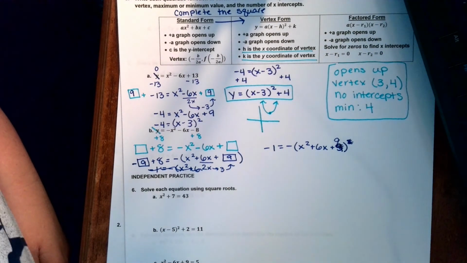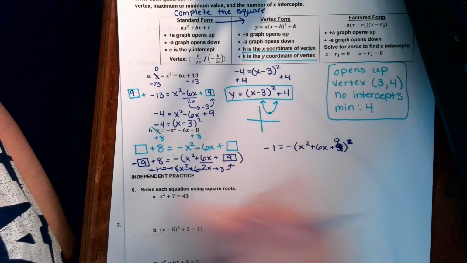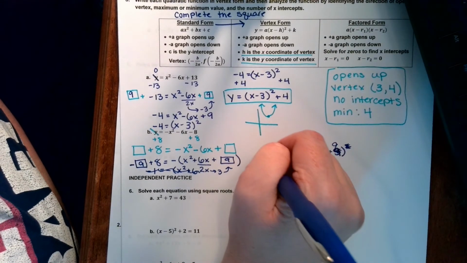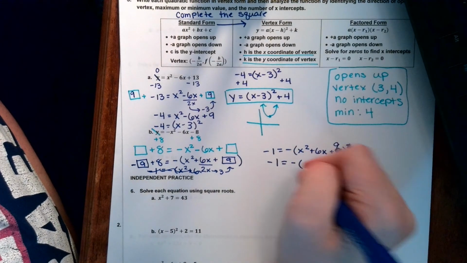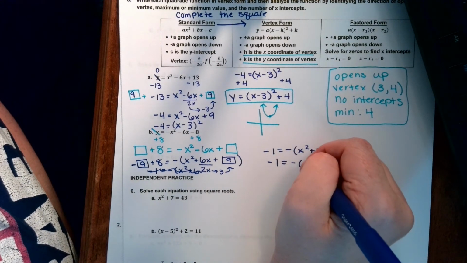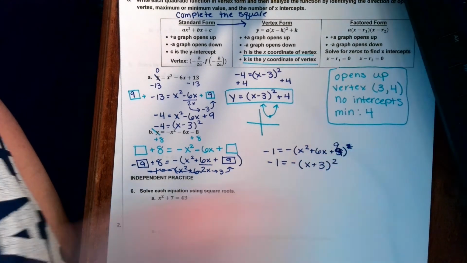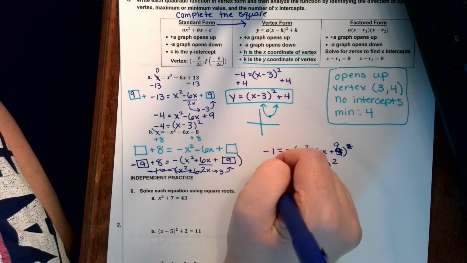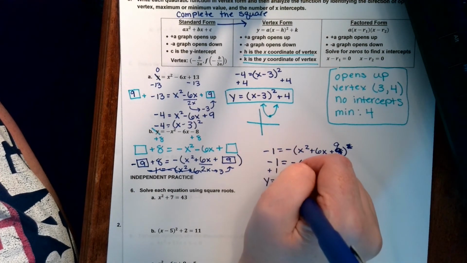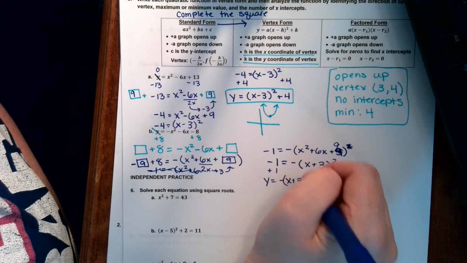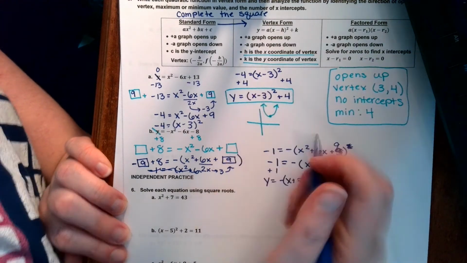I'm jumping ahead of myself. Okay, so then we want to factor this so that it does have that squared. So this will be negative 1 equals negative (x plus 3) squared. Let's add this 1 to each side, and this becomes y equals negative (x plus 3) squared plus 1. And I double checked in Desmos.